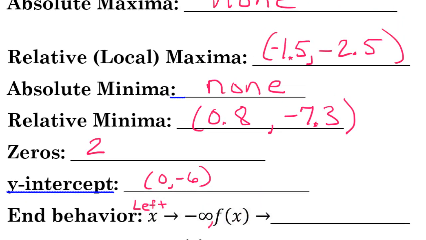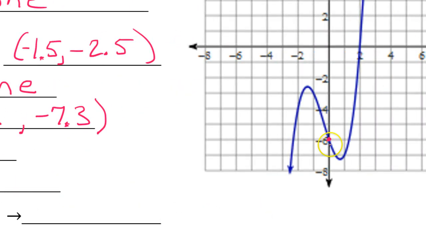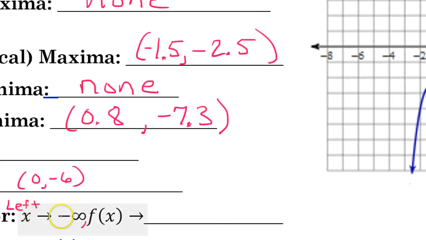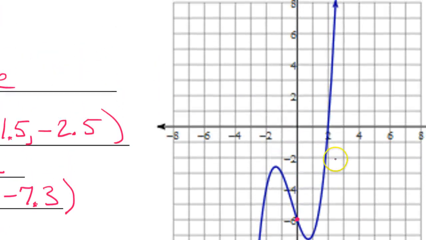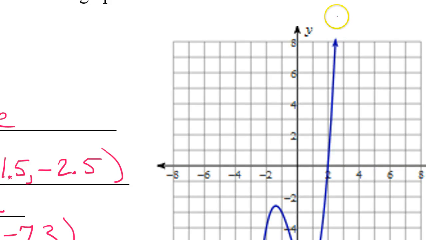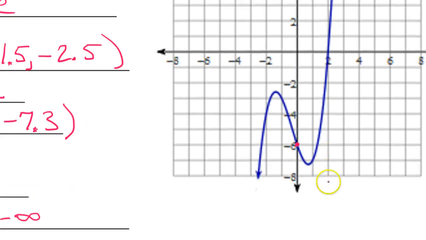So as we go to the left, ultimately we wind up falling. So as we go to the left, the function approaches negative infinity. On the left, this graph falls. Now on the right, this graph goes up. So as we go to the right, the function approaches positive infinity.